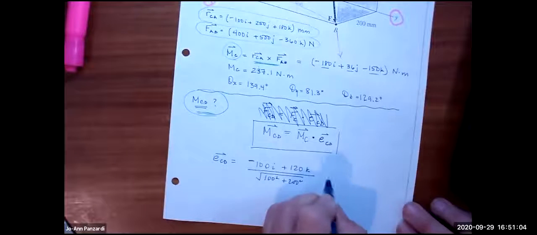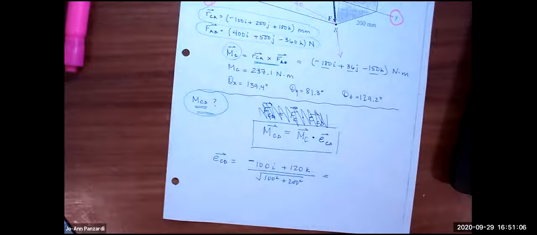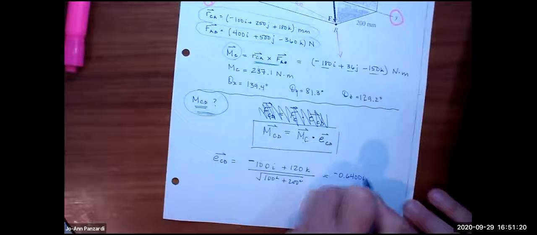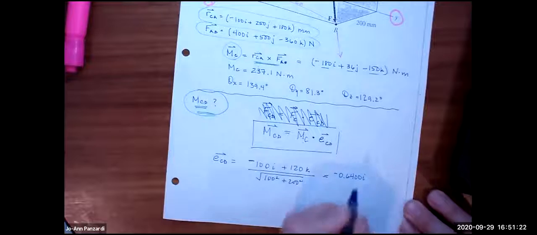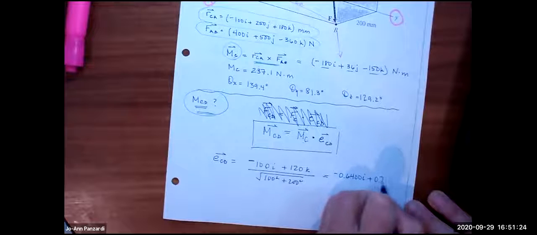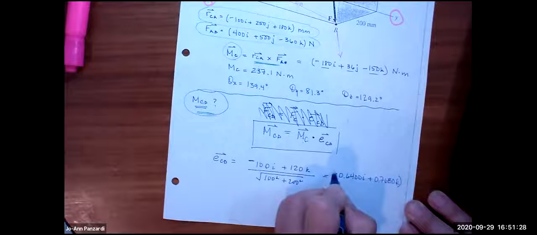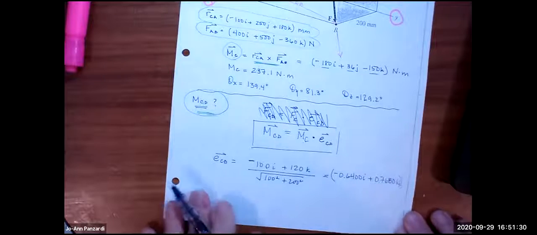So it comes out to be negative 0.6400i plus 0.7680k. Are there any units, Colin? No, because it's a unit vector.